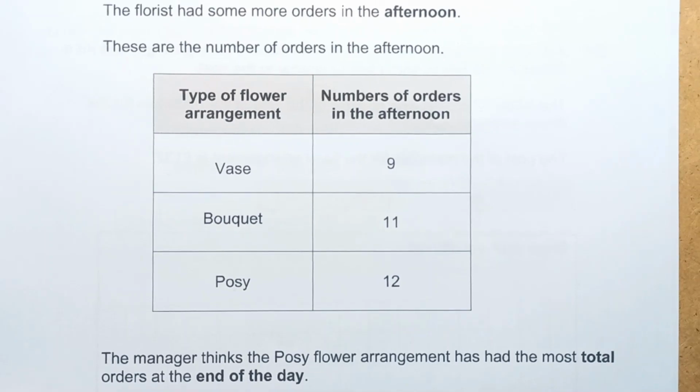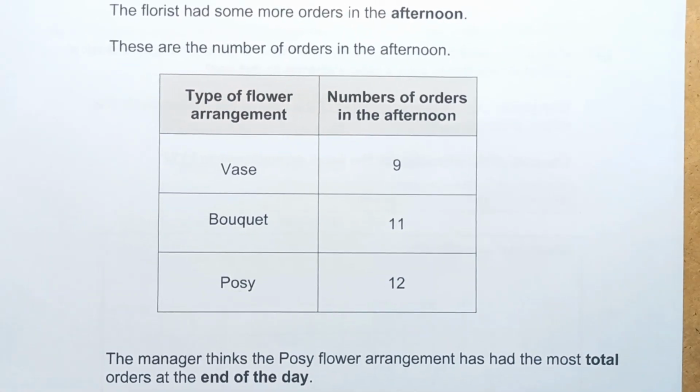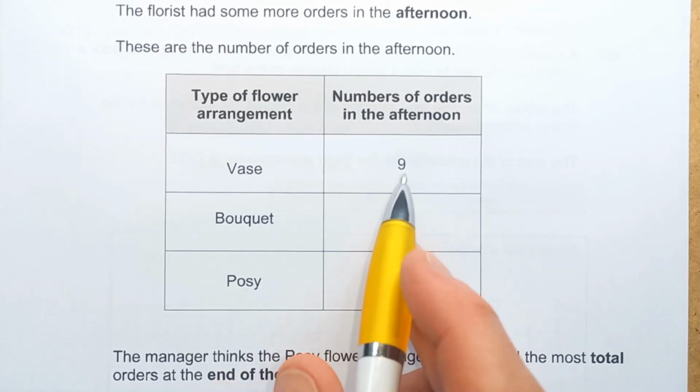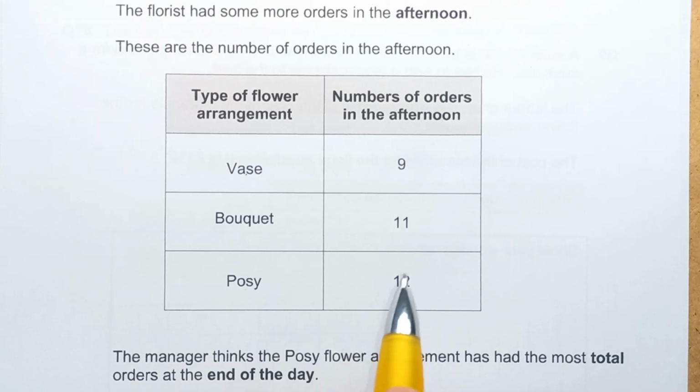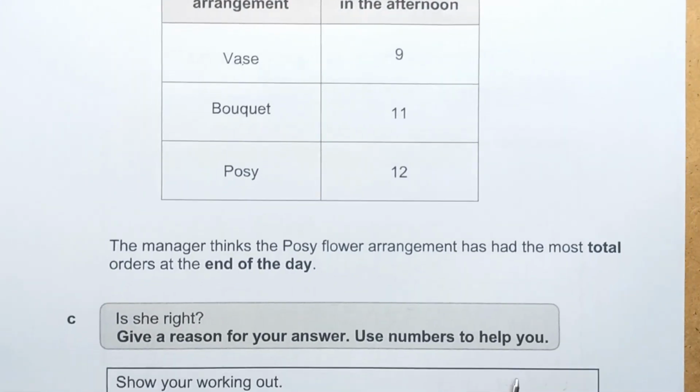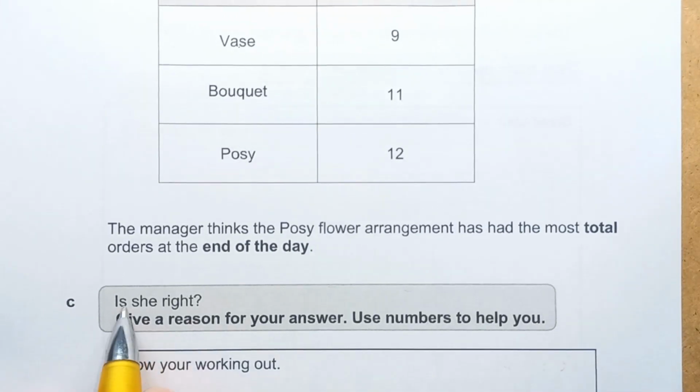Okay. The florist had some more orders in the afternoon. These are the number of orders in the afternoon. So there were 9 for vase arrangements, 11 for bouquets, 12 for posies. The manager thinks the posy flower arrangement has had the most total orders at the end of the day. Is she right?